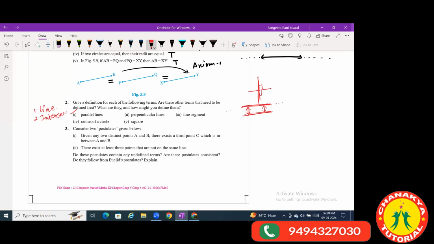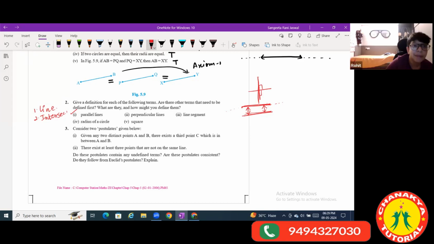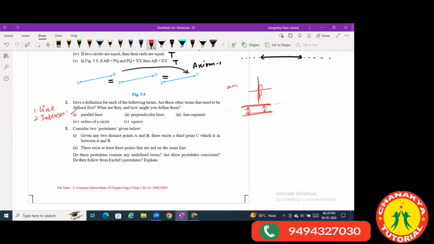So what should you know before defining perpendicular lines? What is the primary thing? Ma'am, what a line is? First, you need to know about angles. Until you know about angles, you cannot say whether lines are perpendicular.